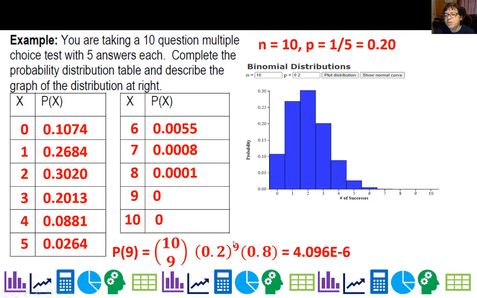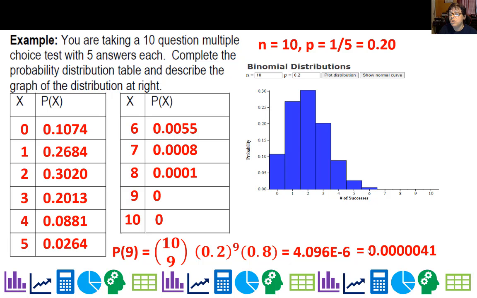So 0.2 to the 9th times, because we're going to get 9 correct and just 1 wrong, is 4.096 times 10 to the minus 6. So it's not exactly 0, but it's pretty darn close. And basically, if I put in a bunch of zeros in front of this number and move the decimal over 6 places, then this is a number. So this is why it will not show up on the Statlet as a number this small.